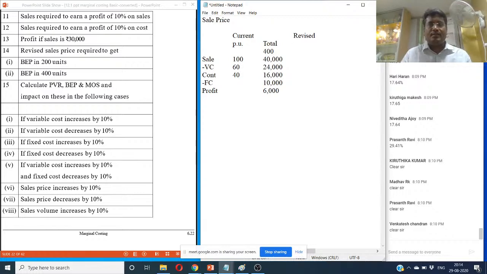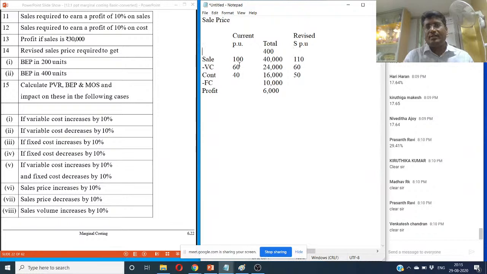In the case of revised scenario, sales price increases. It means the selling price per unit, rather than 100, hereafter it is 110. Increases by 10%. Hereafter the revised sale price is 110, 100 plus 10% of that. Variable cost remains constant per unit. Then contribution will be changing accordingly.